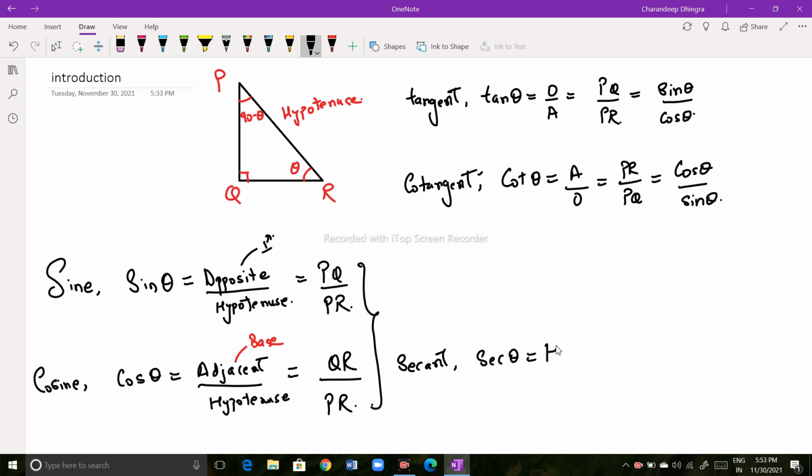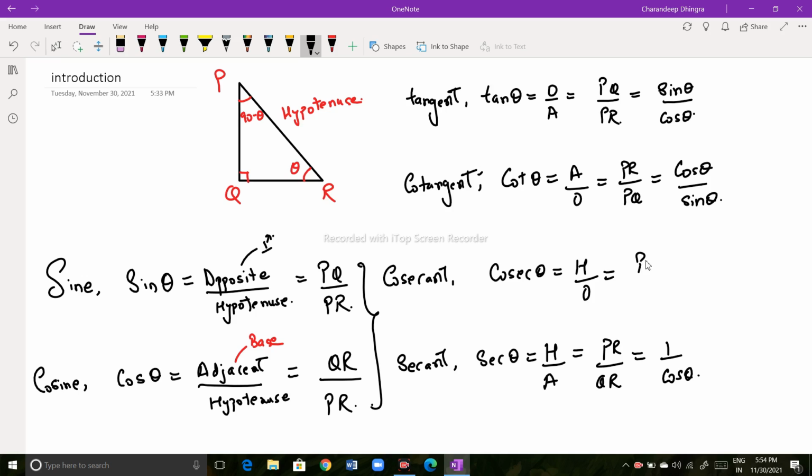So sec theta will be hypotenuse upon adjacent, which is PR upon QR, or I can say this is 1 upon cos. And the last one would be cosecant. So cosecant is cosec theta, and that would be hypotenuse upon opposite, which is PR upon PQ, or I can say this is 1 upon sine.